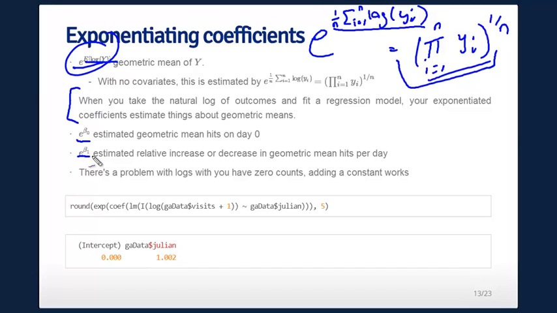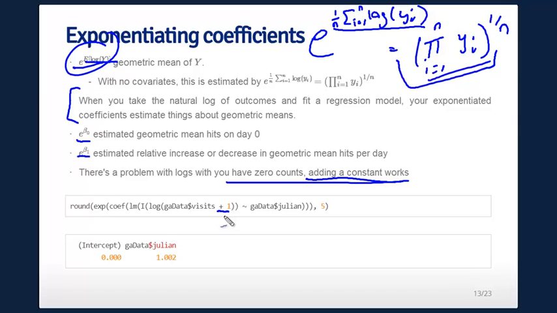There's a problem with logging the outcome if you have 0 counts, and in fact, this is a problem in this particular data set. The thing that people often do is they just add a little constant. So instead of modeling visits, it's visit plus 1 or plus 0.5 or something like that.